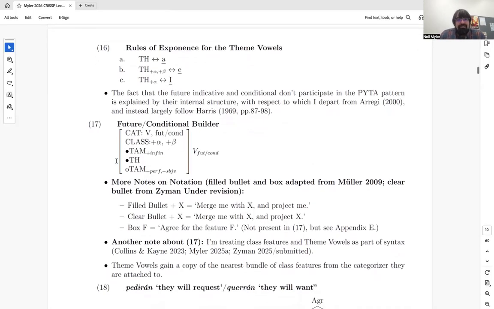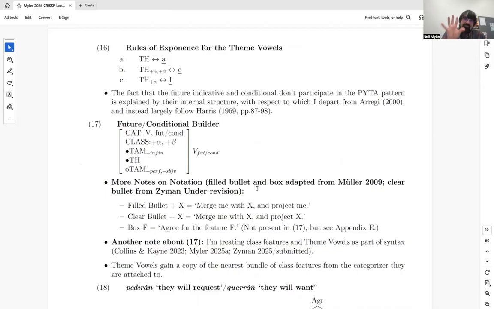Not pictured in 17 is another type of instruction; again, most of these conventions come from Göri and Muller's work. The clear bullet is from Zeman in particular. There's also a notation that involves a clear box plus a feature, which means agree for the feature F, which makes no appearance in 17, but you can see it in Appendix E. That's going to account for, amongst other things, PHI agreement as standard.